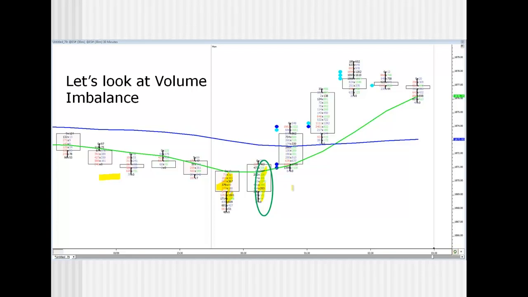Meaning, did one have more reds and then the other one now started to have more greens? And the answer is yes. So now we need to be attentive to what's going on because the balance has changed. In addition to that, look at what happened when this balance changed. Once we closed, we had a higher low and a higher high.